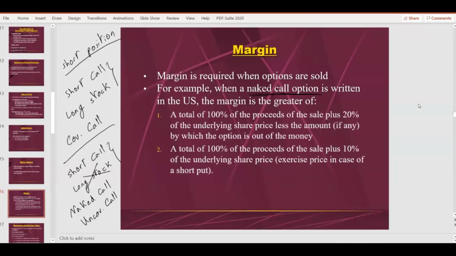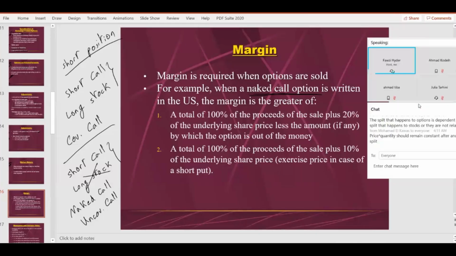And this is one of the riskiest positions that an investor can take. So now when the investor shorts an uncovered call, the margin is the greater of the following: a total of 100% of the proceeds of the sale plus 20% of the underlying share price less the amount, if any, by which the option is out of the money.